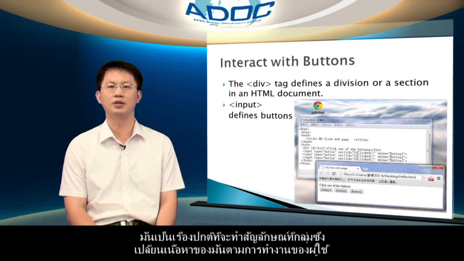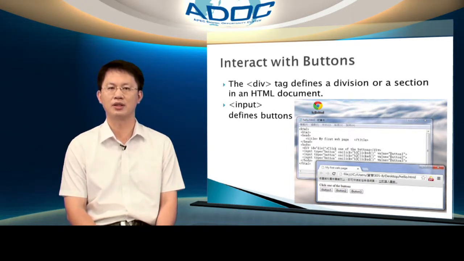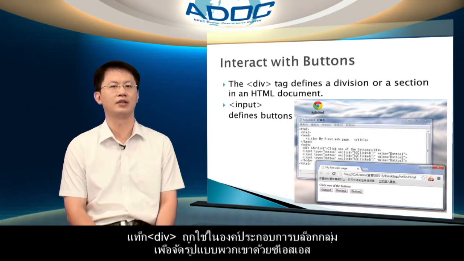It is commonly used to mark the sections that change their content based on the user's interactions. The div tag is used to group block elements to format them with CSS.